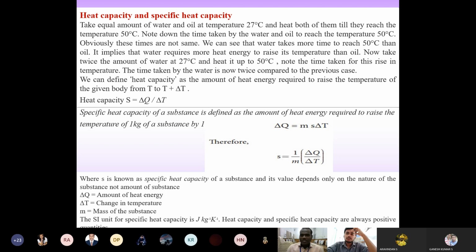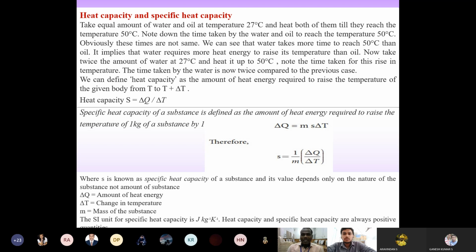The oil will reach 50 degrees Celsius in less time, but the water will take more time. It implies that water requires more heat energy to raise its temperature than oil. So we can clearly note the point: water requires more heat energy to raise its temperature than oil.